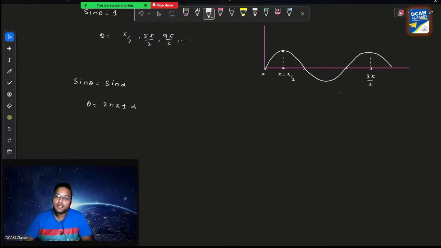But this does not always hold true, because in this particular case, this is why it is lacking.